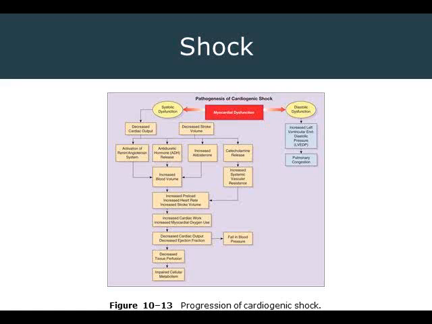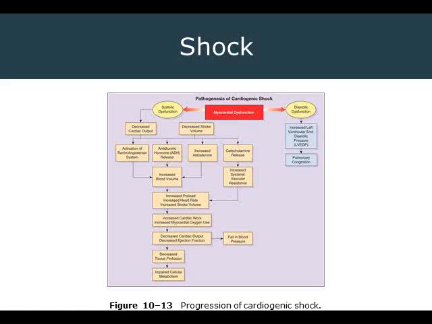The catecholamines are again released, so the epi and the norepi, as well as dopamine, are going to be released, and this is going to help increase the systemic vascular resistance. So the catecholamines help constrict the periphery, and they may dilate a little bit around the heart and potentially the lungs.